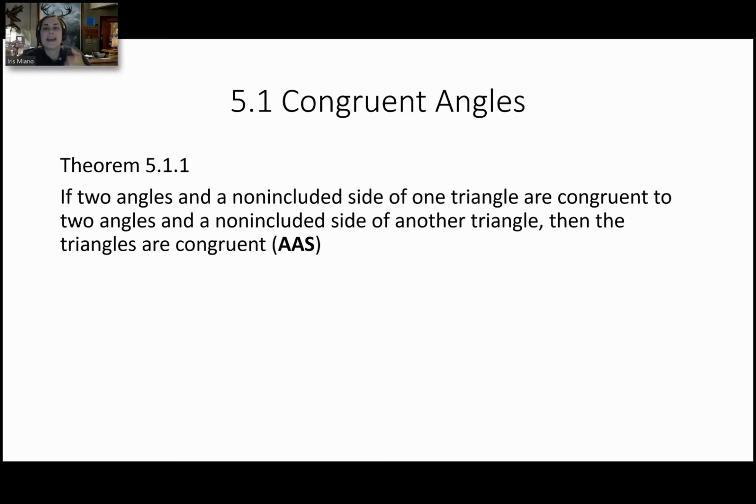AAS, or SAA, although no one does it in that order. The convention is angle, angle, side, in that order. This is when you have two corresponding congruent angles, but with a non-included side. If this happens among two triangles, that's another way you can prove triangles congruent.